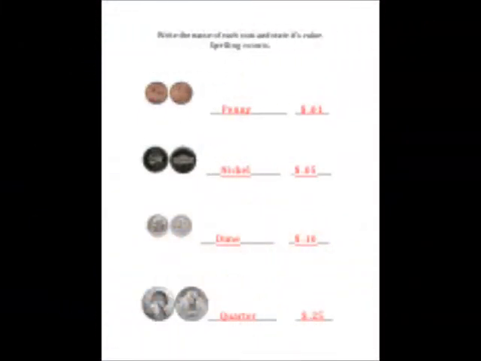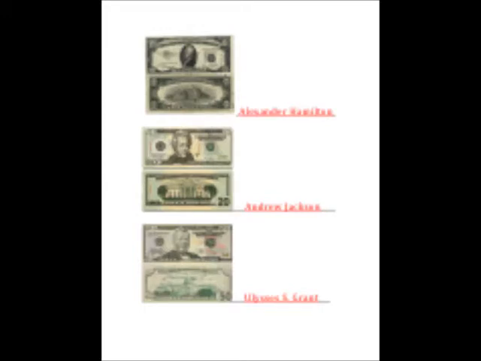At the end of the week, there will be a vocabulary test given to the students. There will be all the words that we have discussed throughout the week, and they'll have to label what the pictures are and how much they're worth. And also, on the bills, they will have to name the historical figure or president on each bill. And spelling does count.